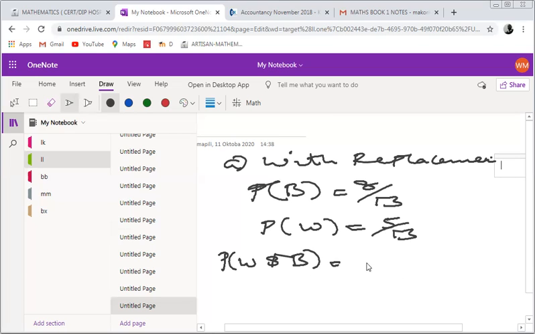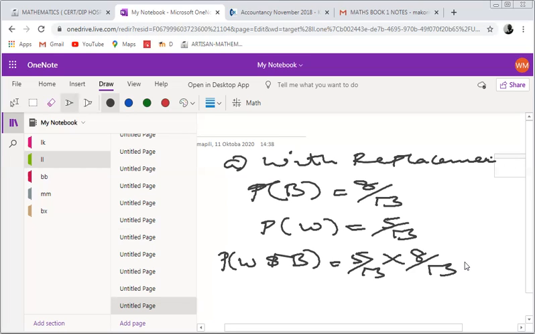So for the white ball, the probability is 5 over 13, and because we are using AND here, we multiply by 8 over 13, and by so doing you will get the answer to that particular question. The answer is as simple as that.